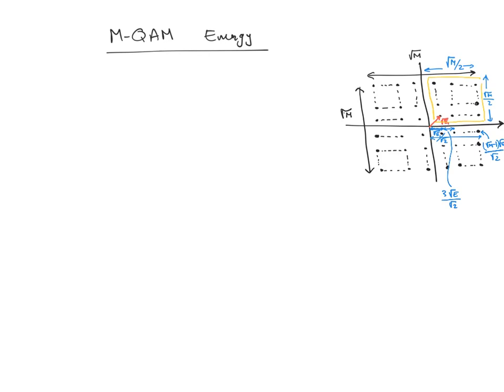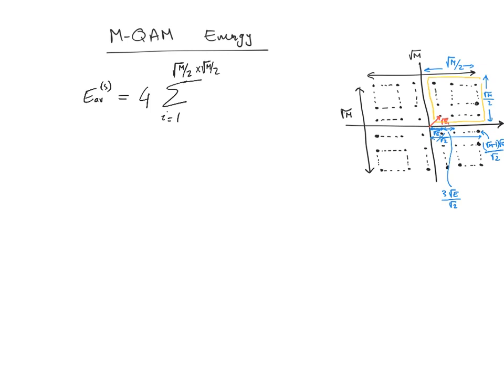So basically, the energy average per symbol is going to be equal to 4 times the summation from i equals 1 up to root M divided by 2, times the summation over the other dimension, divided by the total number of points, which is root M divided by 2 in 1/4 multiplied by root M divided by 2.